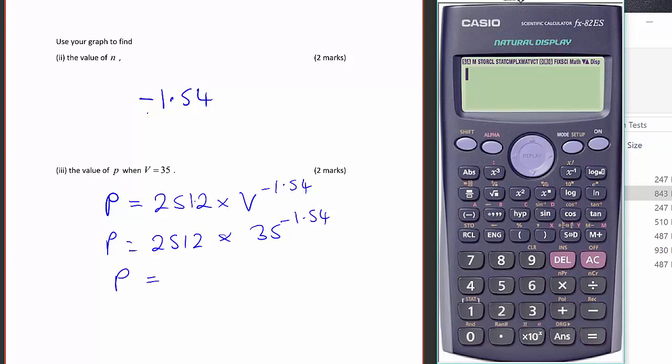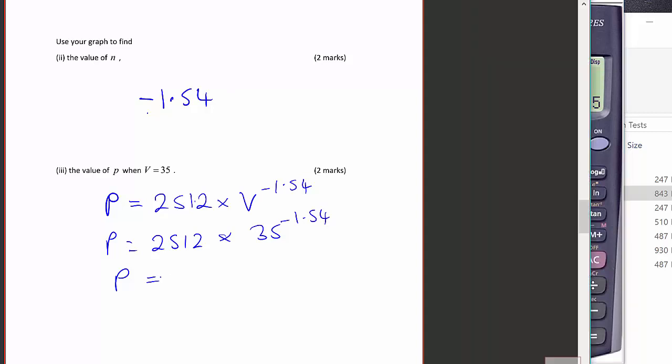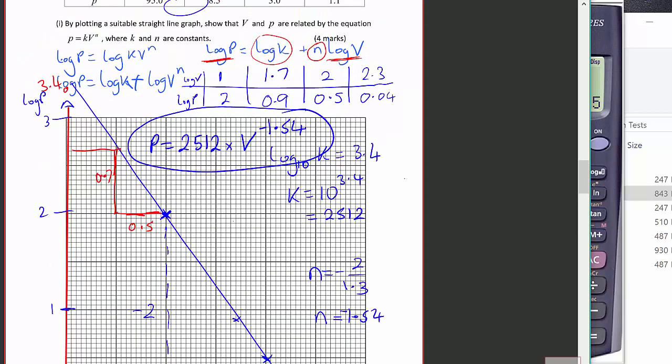And what have we got? So 2512 multiplied by 35 to the power negative 1.54. That gives me 10.5, so let's call that 10.5. Let's see if it makes sense.